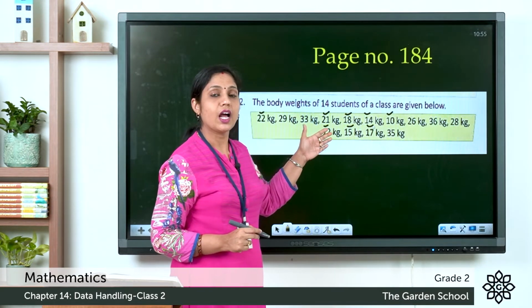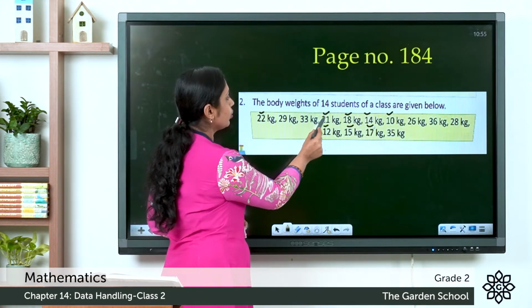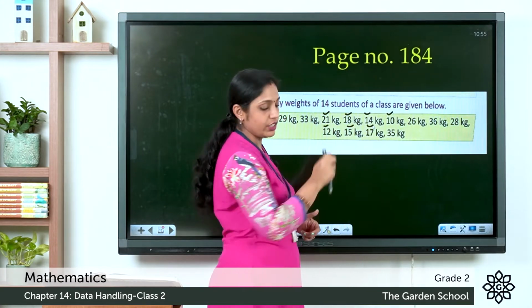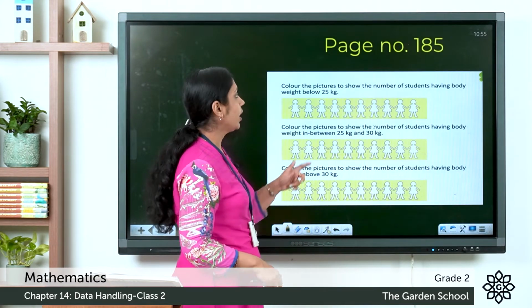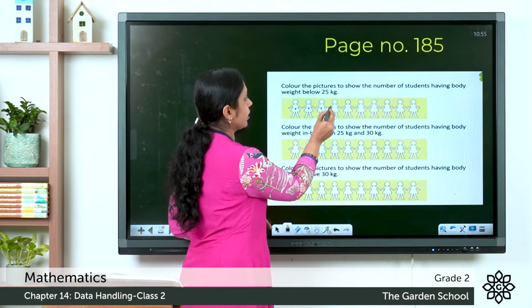So these are under 25 kilos. So how many of them are there? 1, 2, 3, 4, 5, 6, 7, 8. So 8 children are there who are below 25 kilos. So you have to color 8 students here.